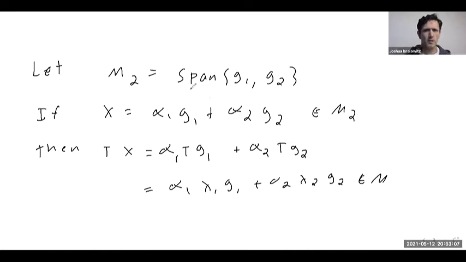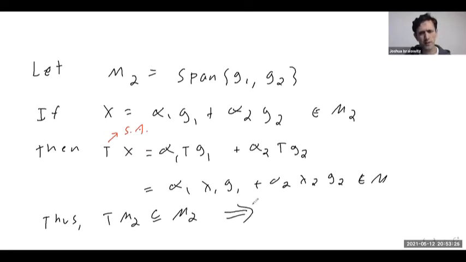Right. So T takes M2, or TM2 is a subset of M2. And because T is self-adjoint, as we had before, this means T M2 perp is a subset of M2 perp.